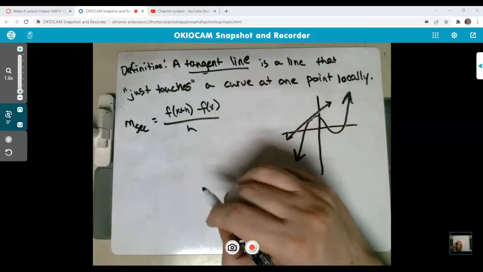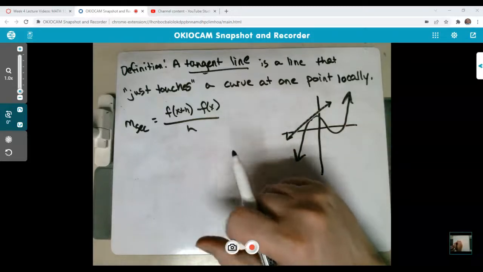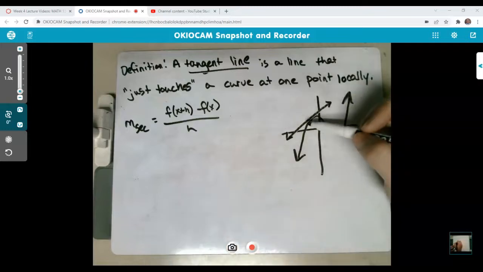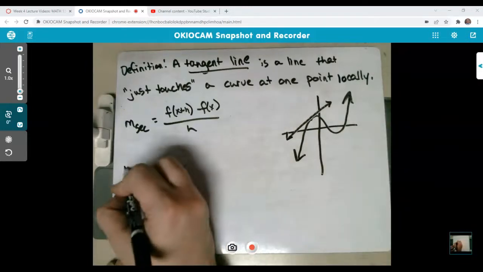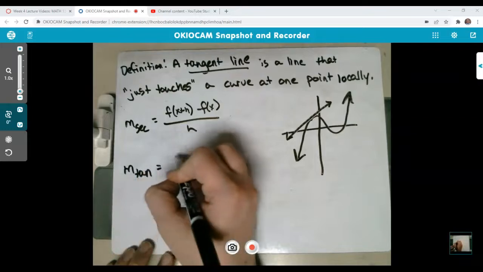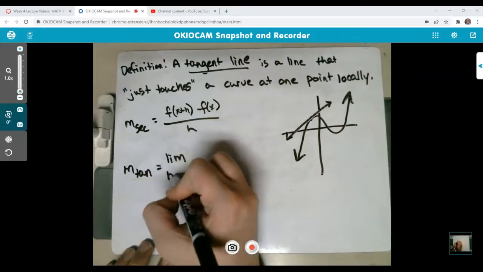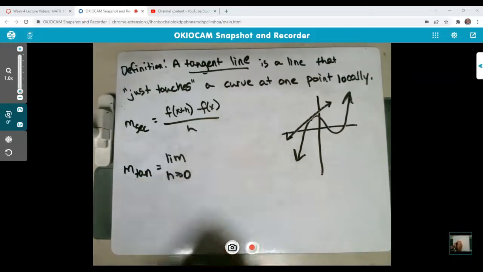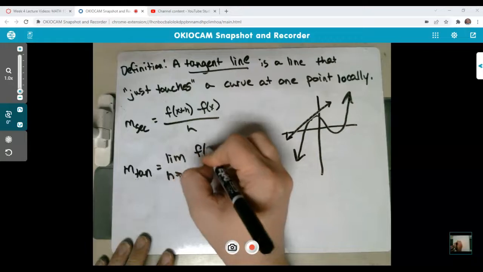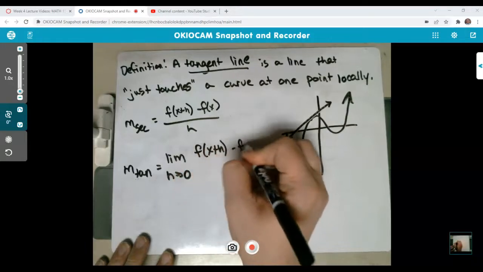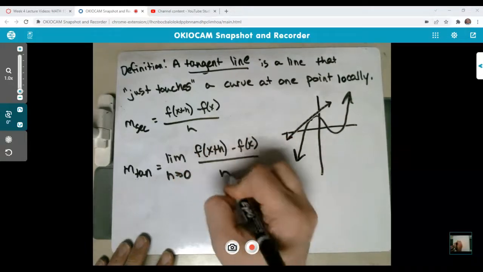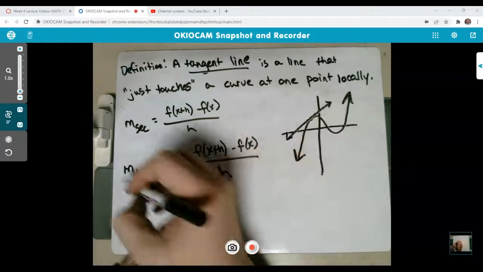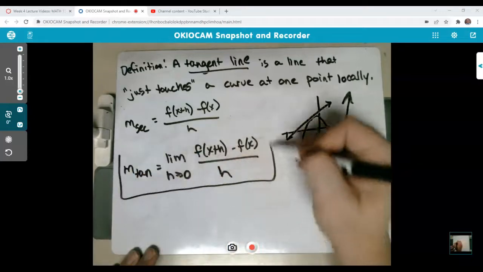But as we learned in chapter 2, I can see what happens as h gets close to 0. So the slope of a tangent line is the limit as h approaches 0 of f of x plus h minus f of x over h.